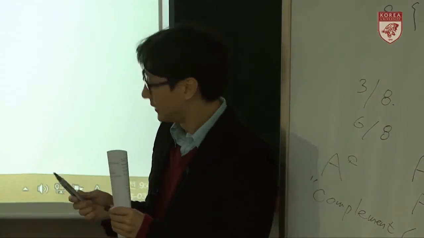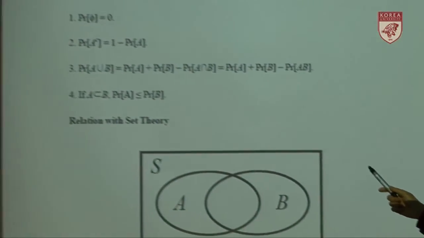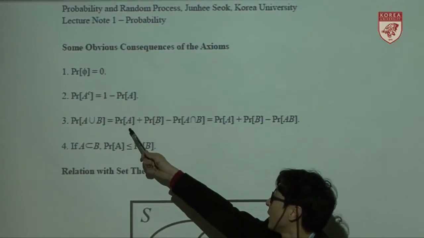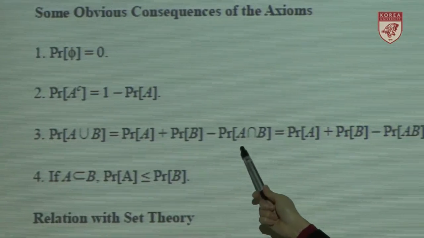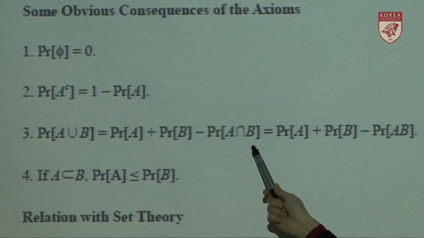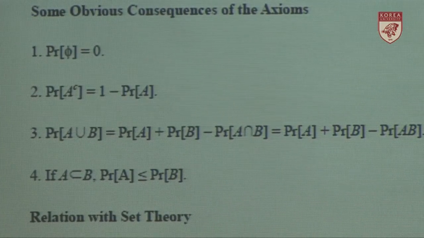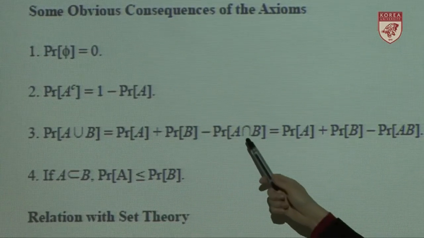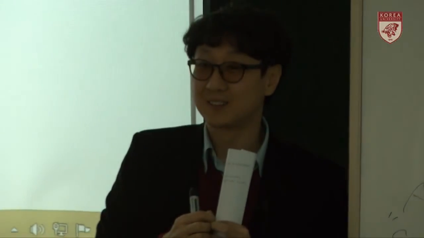Anyway, the probability of the union of A and B is given as the probability of A plus the probability of B minus the probability of the intersection of A and B. In probability theory, usually people say the intersection of A and B means the probability that event A and event B happen together.